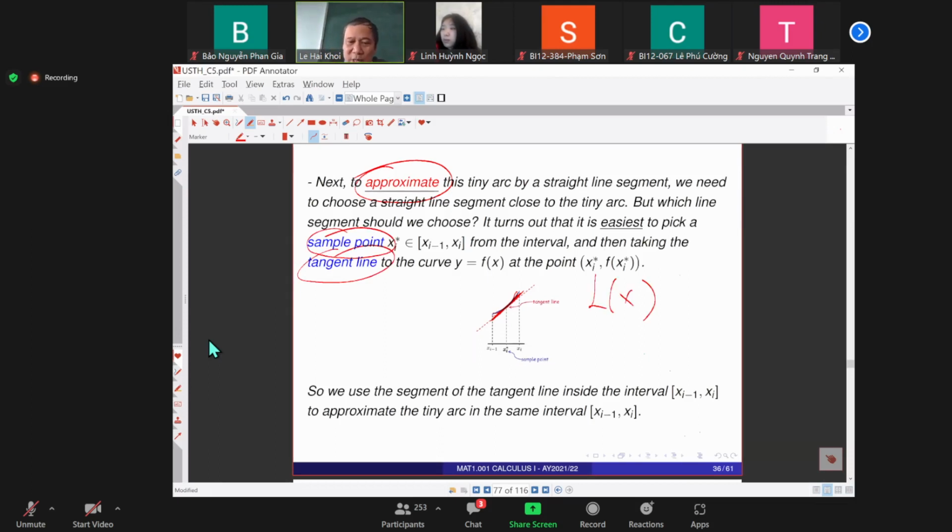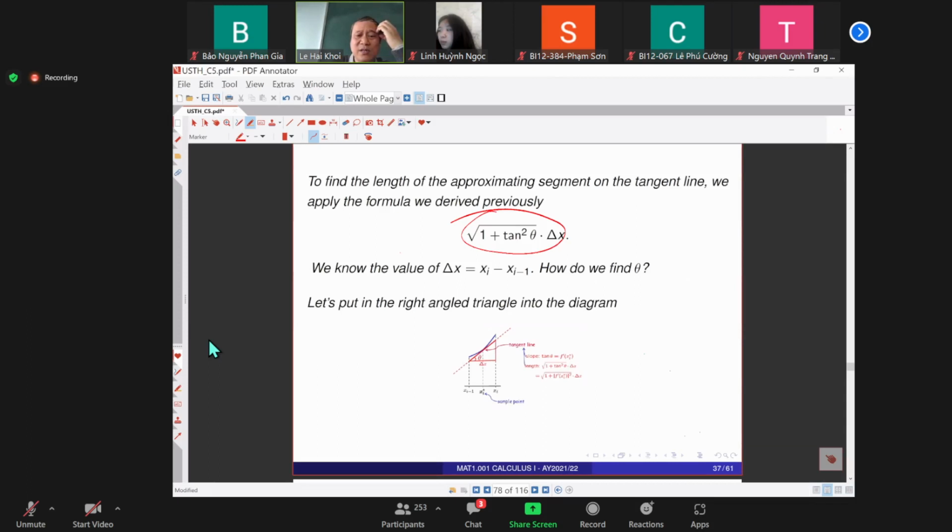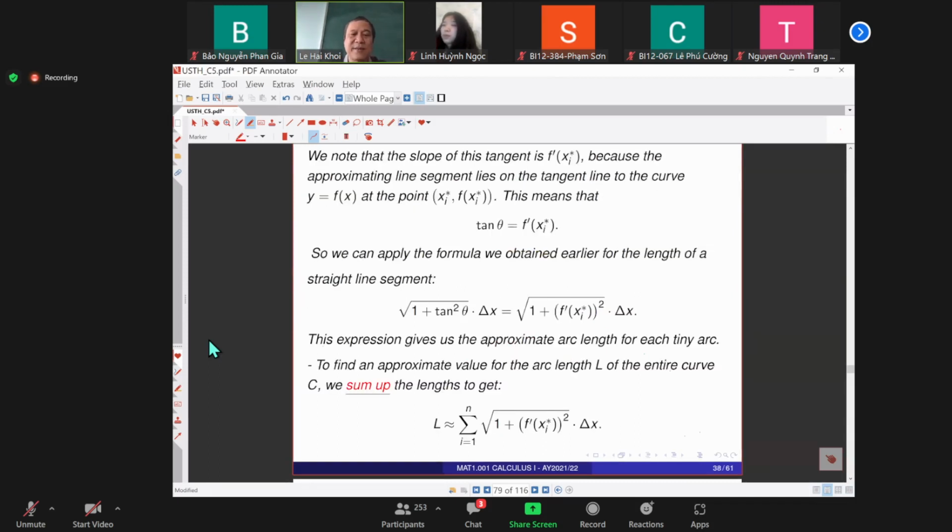Linearization we studied already, right? And then after that we find this formula here. Explanation, please read by yourself, and then you get the fourth step, sum up.